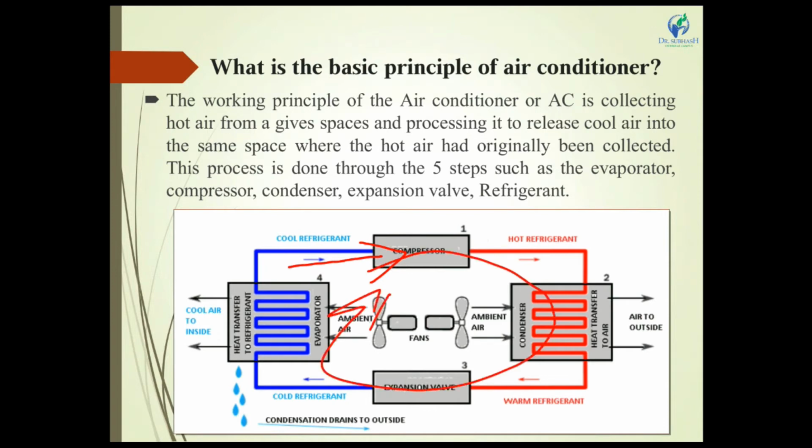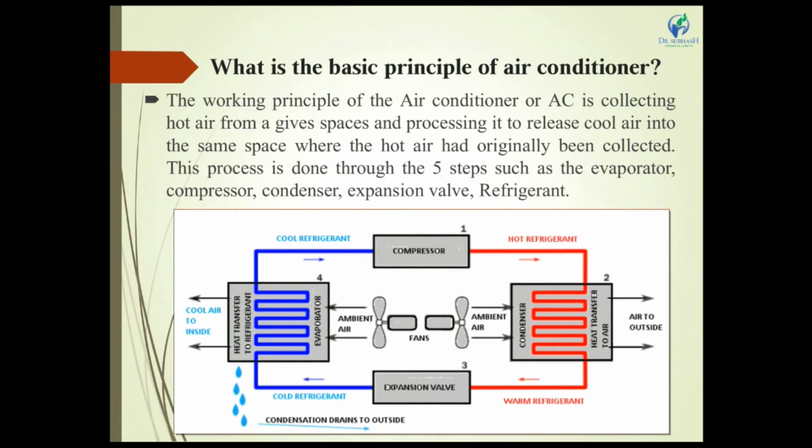That's called the refrigeration cycle based on vapor compression. The compressor is the main part of the VCR system, we can say the heart of the system. This is the base cycle and basic principle of the VCR system or air conditioning system.